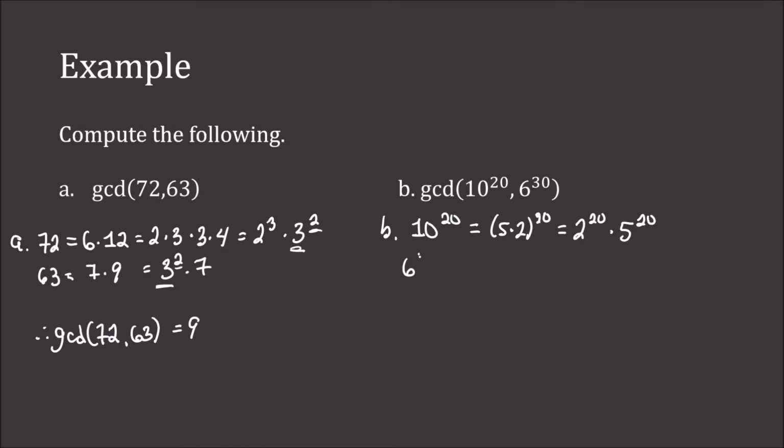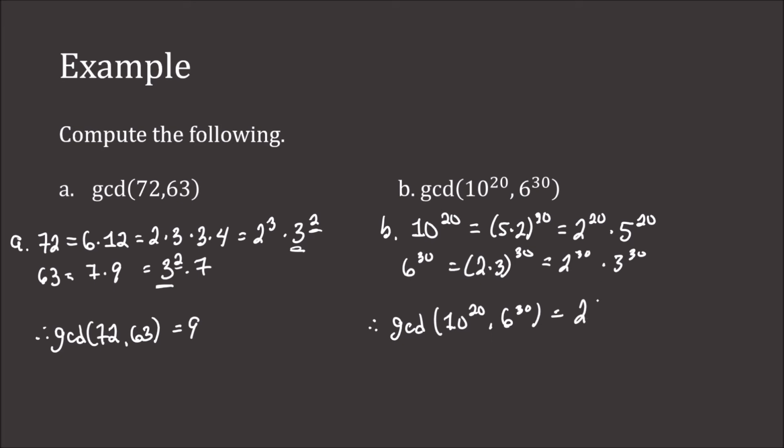And then 6 to the 30th is 2 times 3 to the 30th, so it's 2 to the 30th times 3 to the 30th. So the GCD of 10 to the 20th and 6 to the 30th is 2, and the smallest power is 20. And there's no other common prime factors, so 2 to the 20th power is the GCD there.